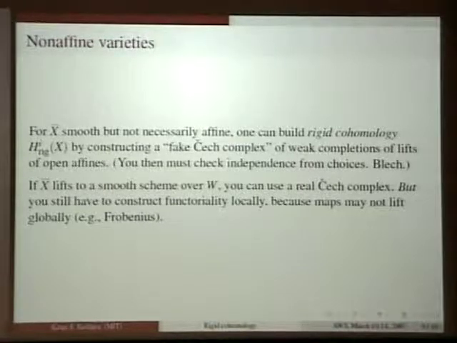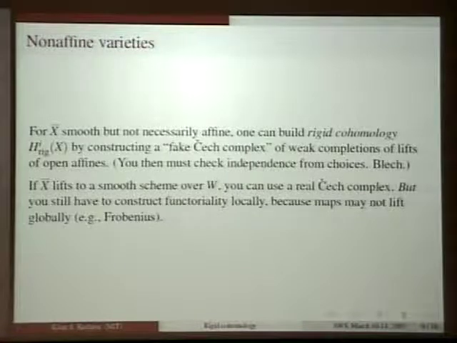I have a student, Chris Davis, who's sitting in the audience somewhere, trying to fix this. If your thing lifts to a smooth scheme, say you have a smooth proper scheme that lifts, you can actually do this honestly by just using pieces of a cover of the lifted guy, and then you get an honest Cech complex. But you still have to construct the functoriality locally, because maps don't often lift.